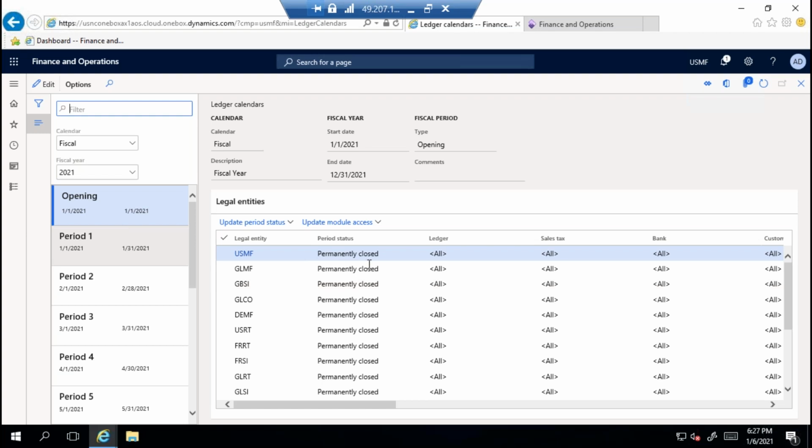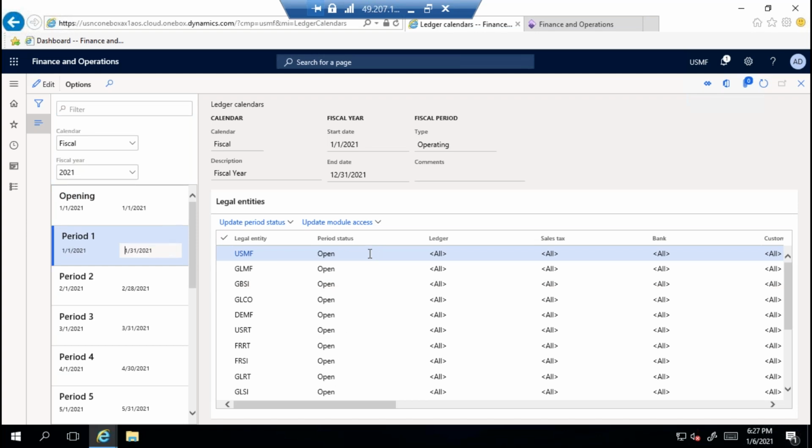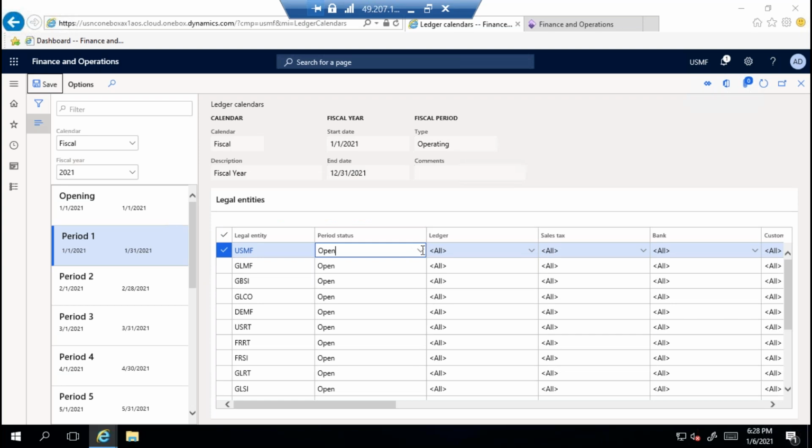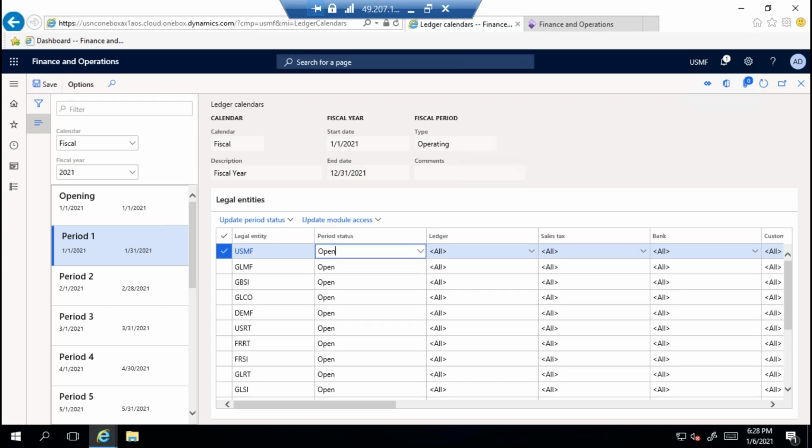The periods have 3 statuses: open, on hold, and closed. Look at this one.